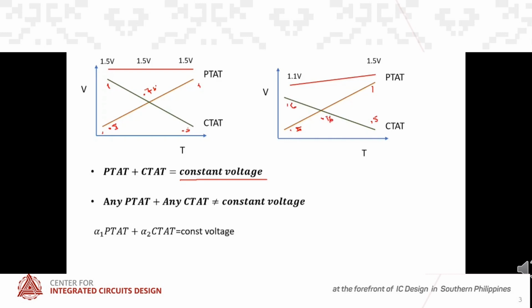So 0.5 plus 0.6 is equal to 1.1, and 0.5 plus 1 is 1.5. Ang nahitabo, dili siya fixed voltage.